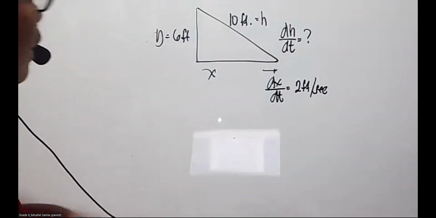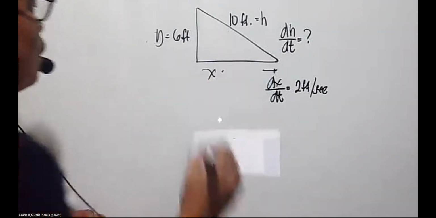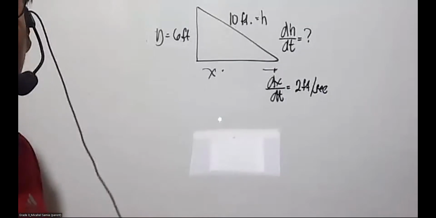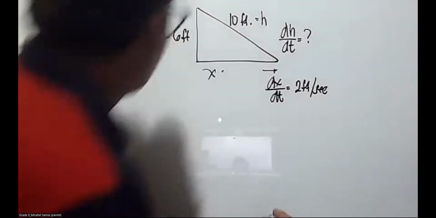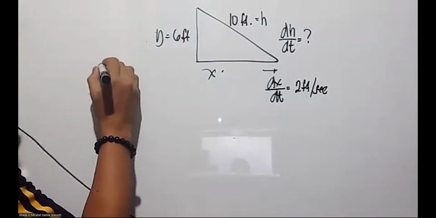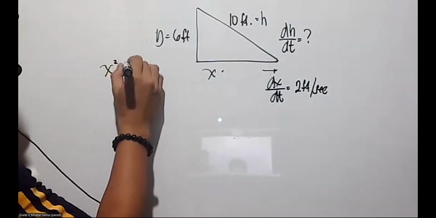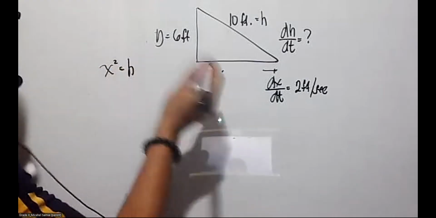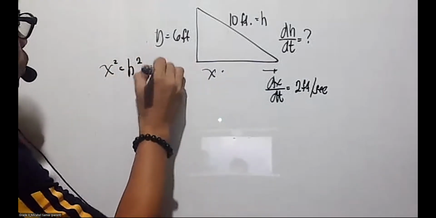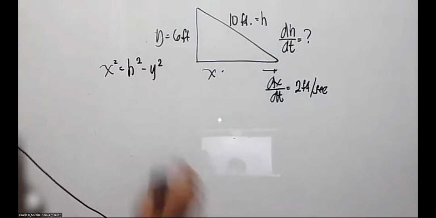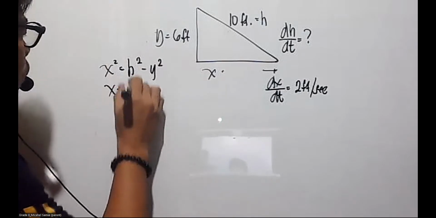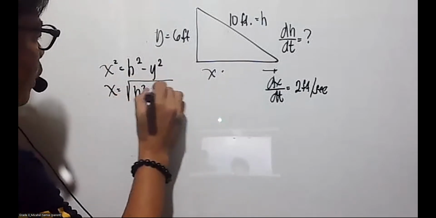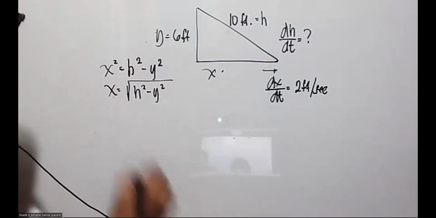Now let us solve first for the value of x. Hopefully you could see it here. I'll solve it here. So your x squared is equal to h squared minus y squared. So there will be no cut in the solution. Your x now is equal to the square root of h squared minus y squared.